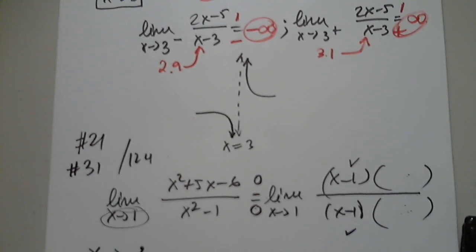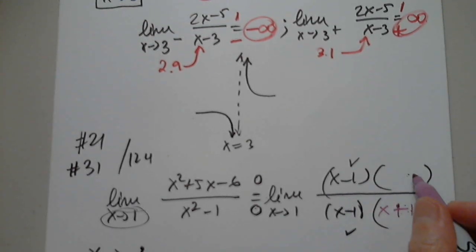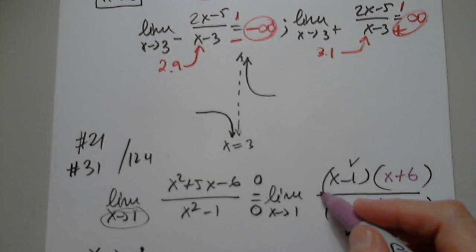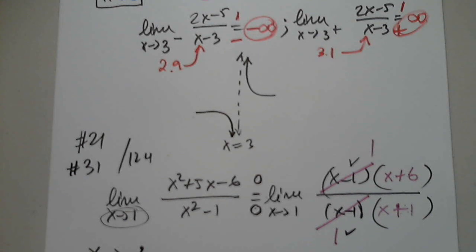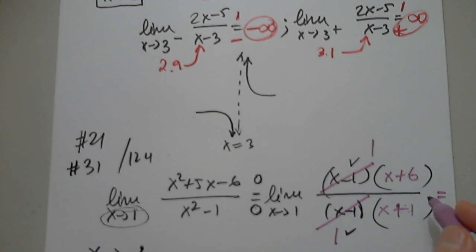The bottom one is x minus 1. Oh, no, x plus 1. Perfect. Awesome. What about the numerator? Great job. X plus 6. Then we will have to simplify as we did. And now I can determine the limit. I can drop the limit operator because I'm applying the limit to this, and I will write an answer. What will the answer be?